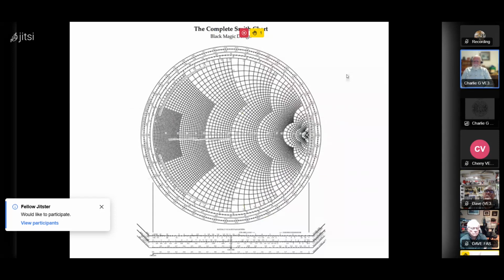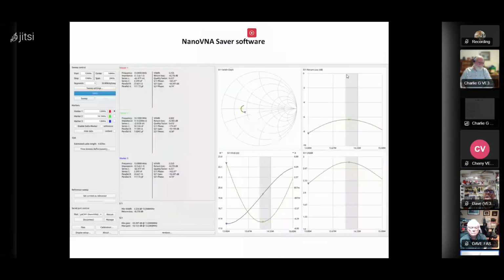Hello? I have a question. Can you go back to the calibration? You can do calibration on the NanoVNA Saver software as well. I've read that you should do the calibration on the Nano itself and then do it on the Saver. That's one question. And the other question is the number of points.